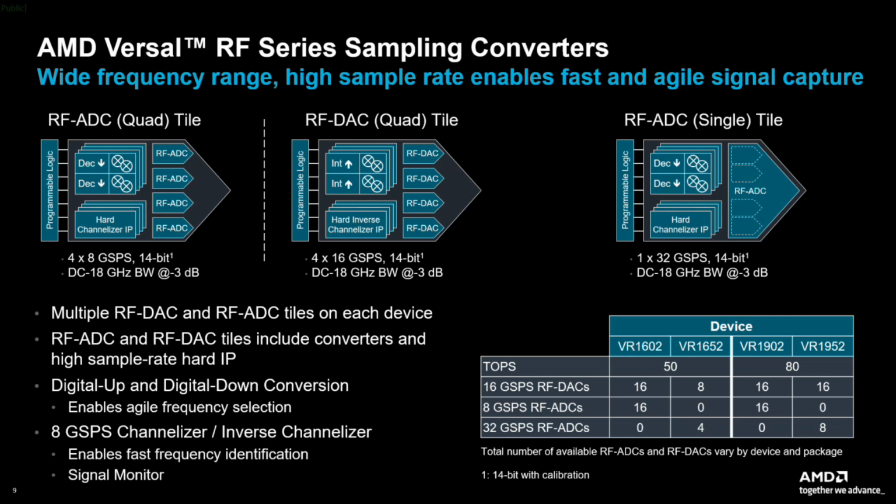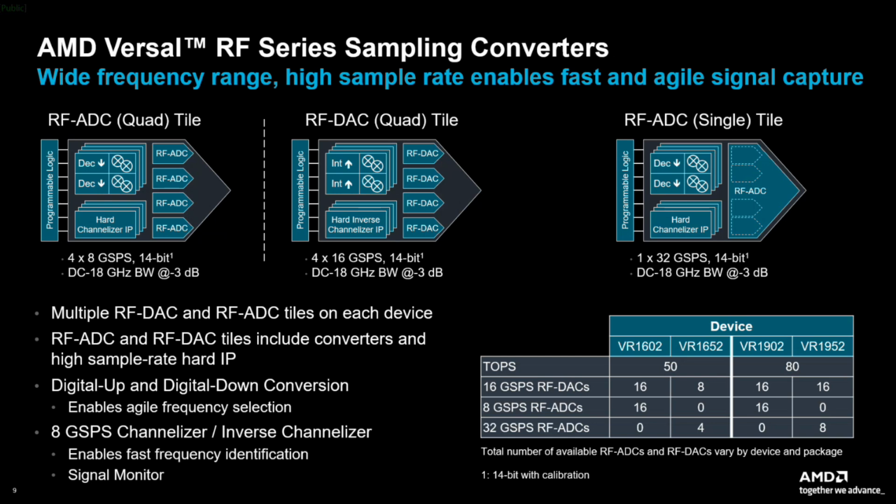So it goes from 50 TOPS to 80 TOPS, tera operations per second. So it's a much larger device. And then the other thing is, if you look at the real key differences here, the 1652 has 4 32 gigasample ADCs, where the 1952 has 8. So it has twice as many ADCs capable.